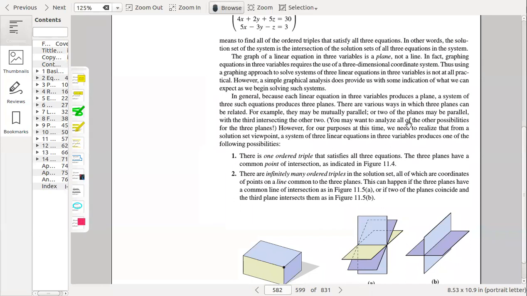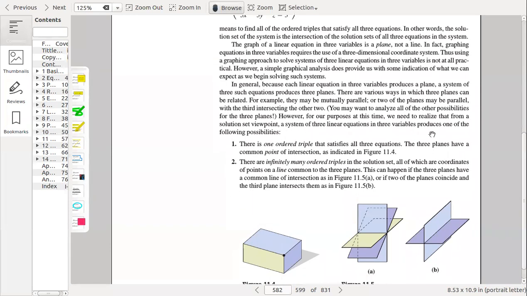You may want to analyze all of the other possibilities for the three planes. However, for our purposes at this time, we need to realize that from a solution set viewpoint, a system of three linear equations in three variables produces one of the following possibilities.